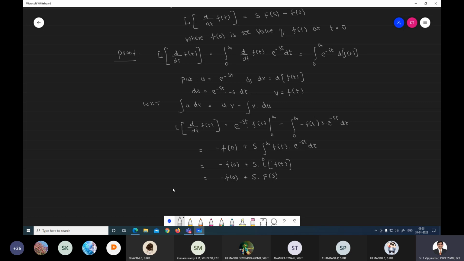So therefore, Laplace of the differentiation of function f of t can be written as s into F of s minus f of 0. Is it clear?